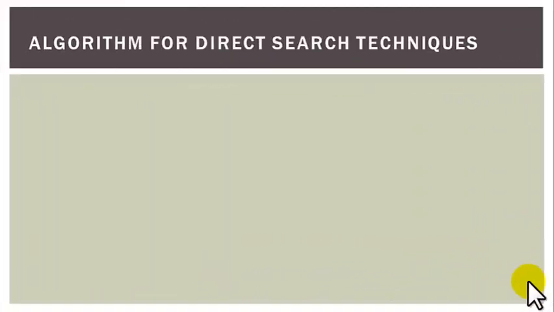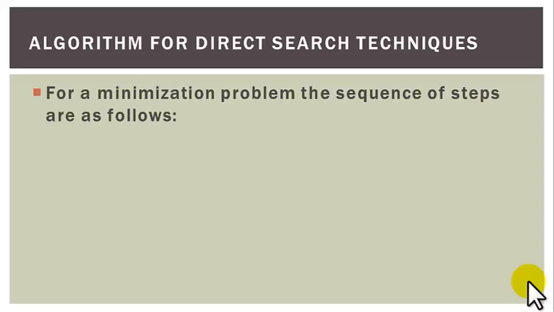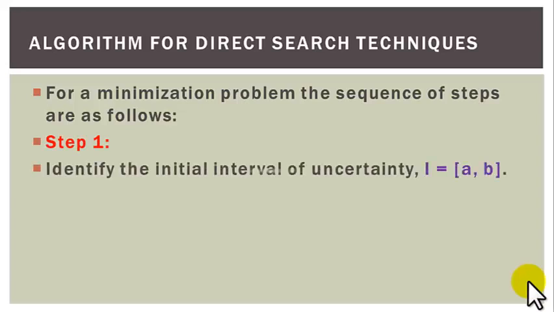The algorithm for direct search techniques. For a minimization problem, the sequence of steps are as follows. Step 1. Identify the initial interval of uncertainty, the interval I equal to A to B. Step 2.